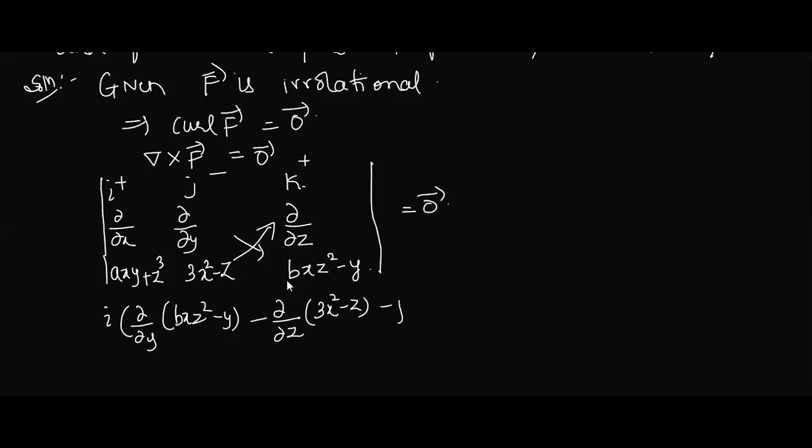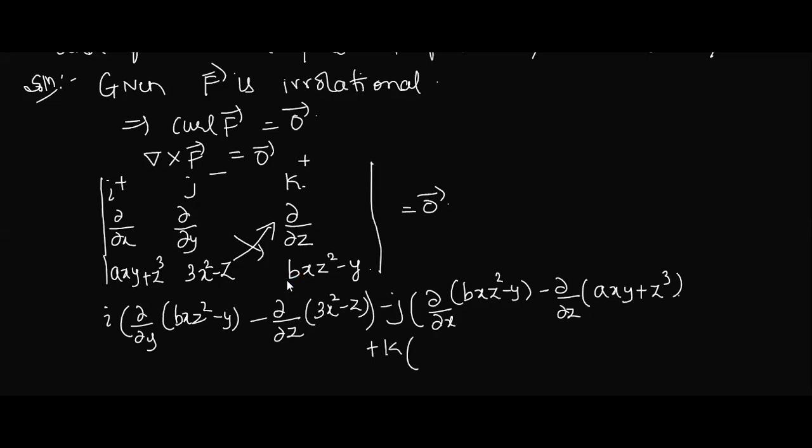Minus j into bracket. Somebody can help me in writing. Dou by dou x operating on bx z square minus y, minus dou by dou z operating on ax y plus z cube.